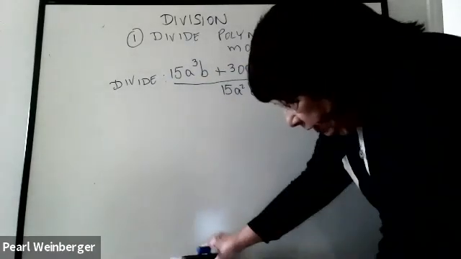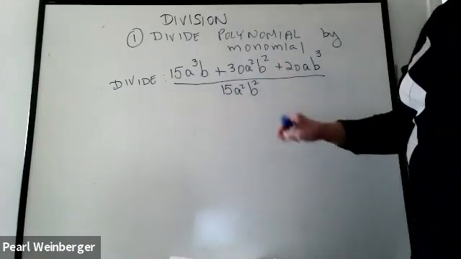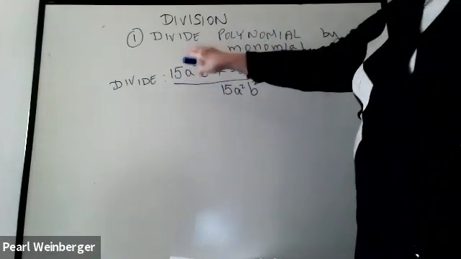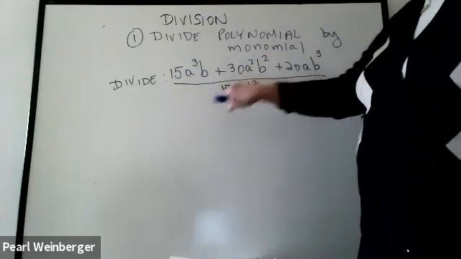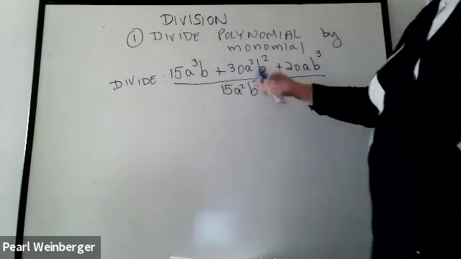We are taking, in this case, a trinomial and dividing it by a monomial. And the way we do something like that is very interesting. What we do is we take our polynomial and break it up and divide each term of the polynomial by the monomial.